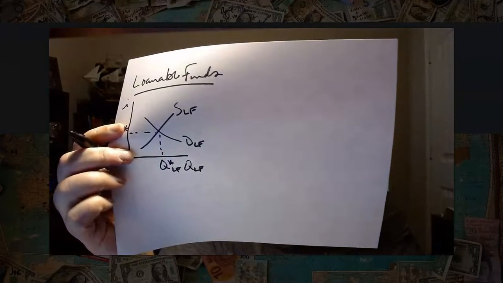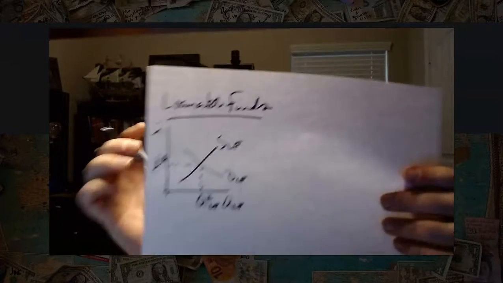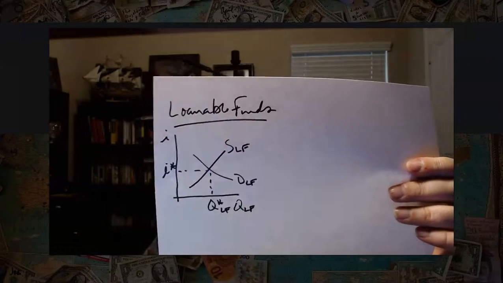I need black. Okay. So let's start with loanable funds. There's my loanable funds model. That's what we've been talking about. Now, it did not show this, but there's something called the investment demand model.